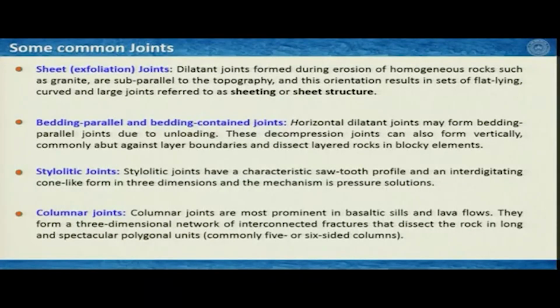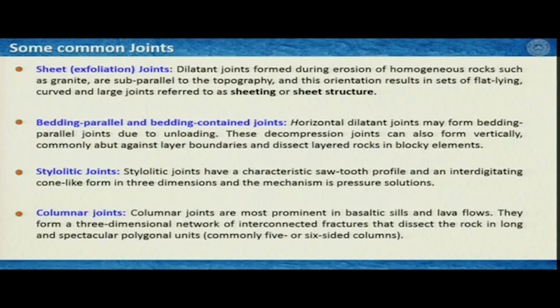One is sheet or exfoliation joints, mostly seen in granitic rocks. So these are dilatant joints formed during erosion of homogeneous rocks such as granite, are subparallel to the topography, and this orientation results in a set of flat lying, curved and large joints referred to as sheeting or sheet structure.